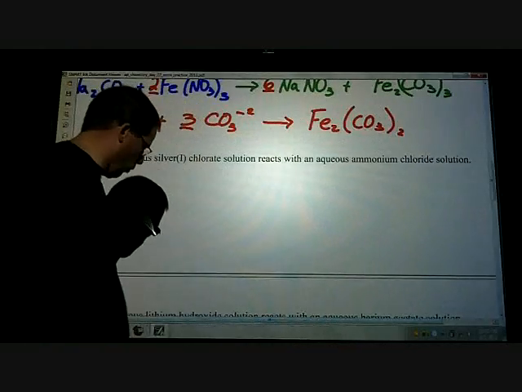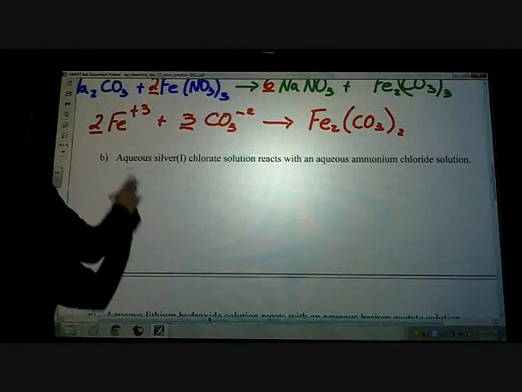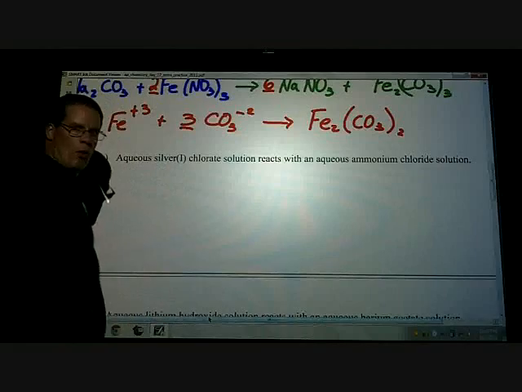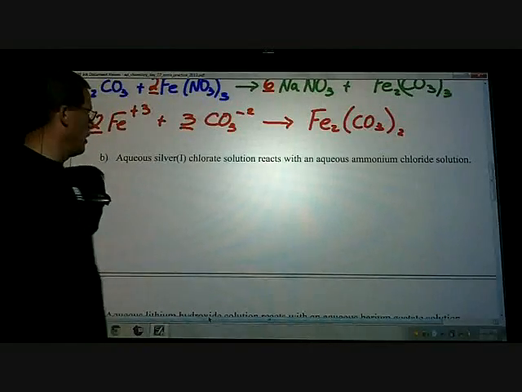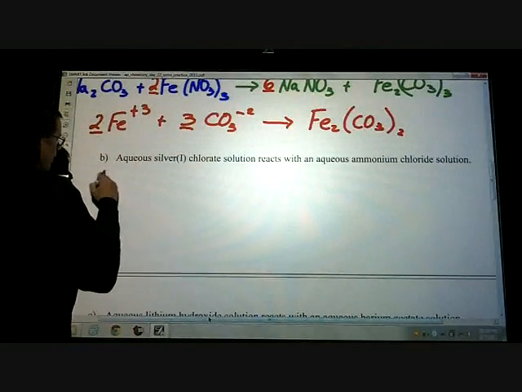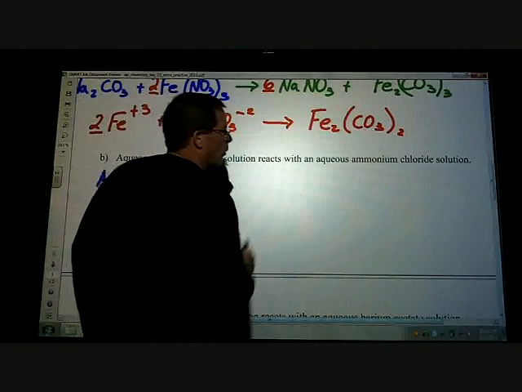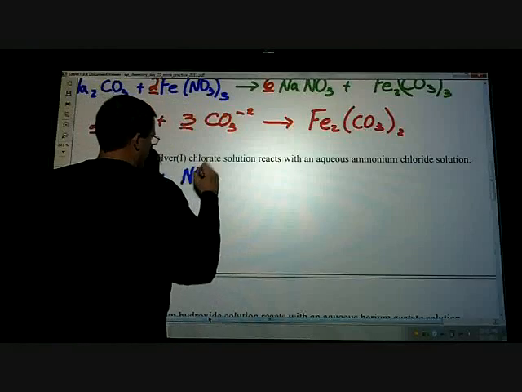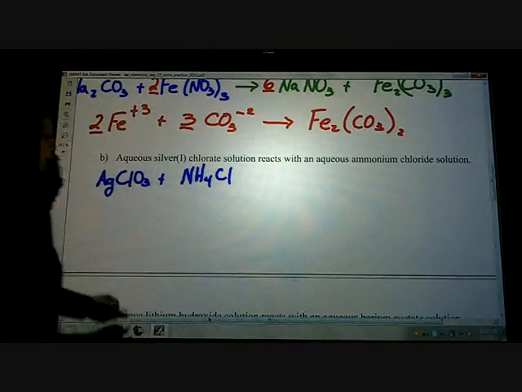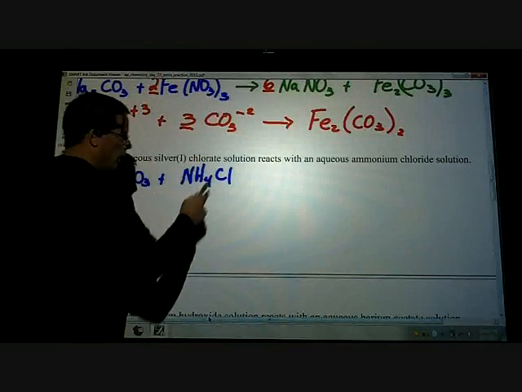All right, you've had a chance to work it out. So we have aqueous silver 1 chlorate. Yes, I put the Roman numeral in there because that's how you'll see it on the AP exam. So we have silver chlorate, ClO3, reacts with aqueous ammonium chloride, NH4Cl. So +1, -1, +1, -1.